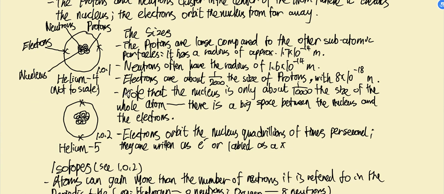This is helium-4. You can see these are the electrons. Often, because they're so small, we don't use dots but we use crosses to represent them. The protons are often represented as a circle with a zero in it, and the neutrons as a circle with a cross in it.